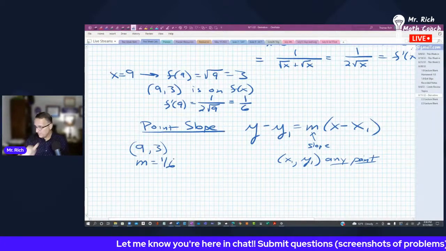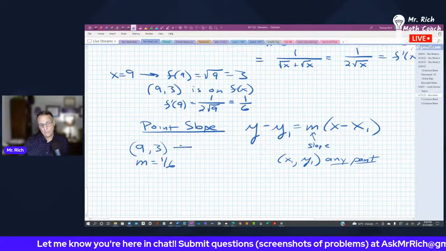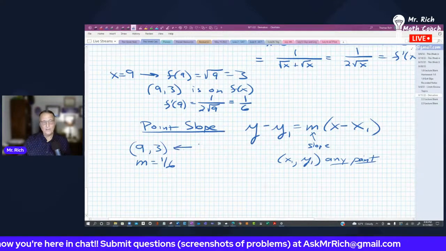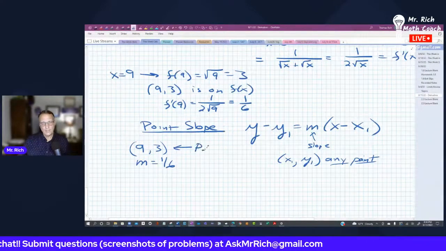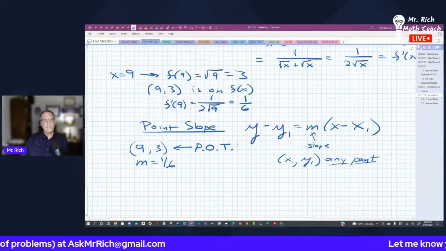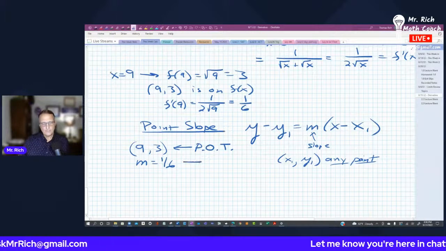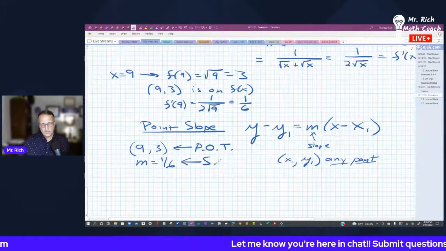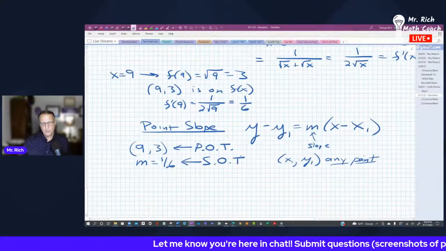This is what I would call the point of tangency. I'll abbreviate that POT. This is the slope of the tangent line, SOT we'll call it.